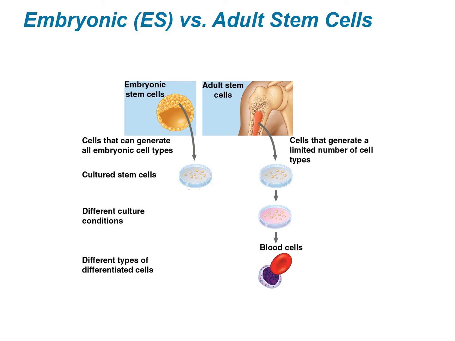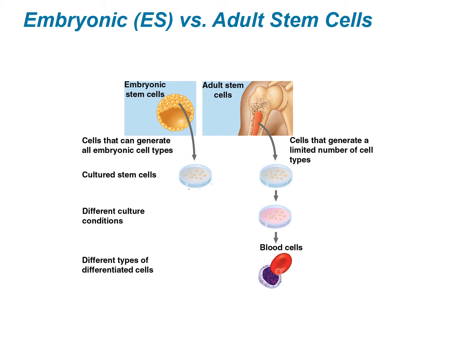So, embryonic stem cells versus adult stem cells. There are differences between the two. Embryonic stem cells are different from adult stem cells in that, first, adult stem cells can generate a limited number of cell types. So if we pull stem cells from the bone marrow and then culture them, they'll only develop into blood cells.